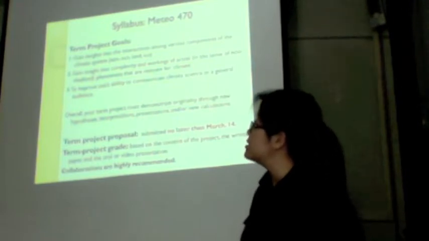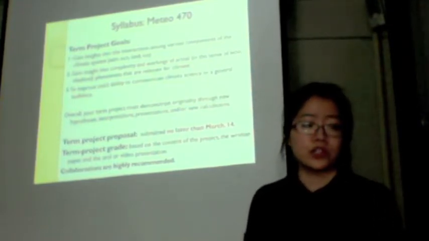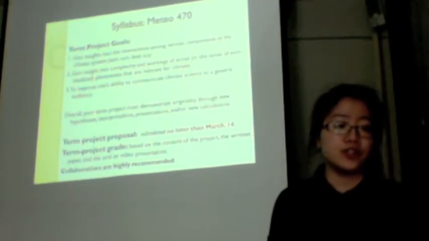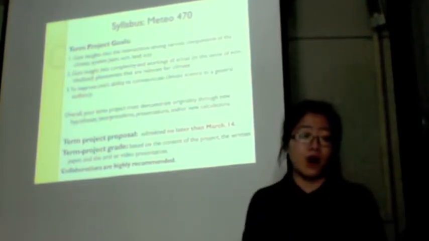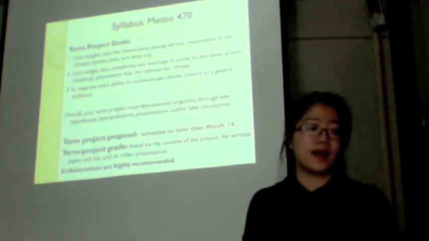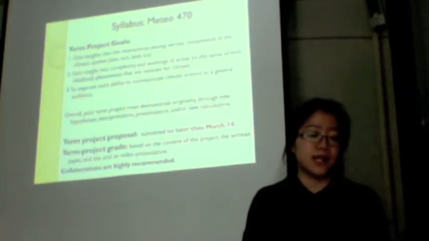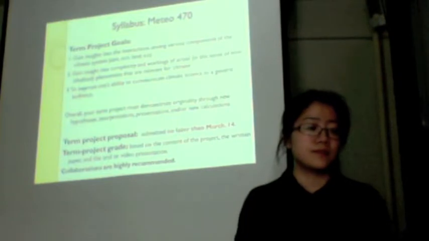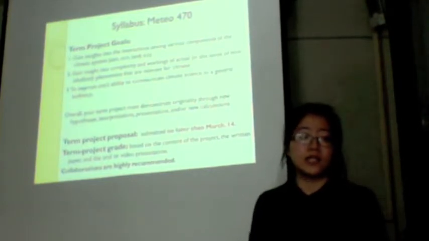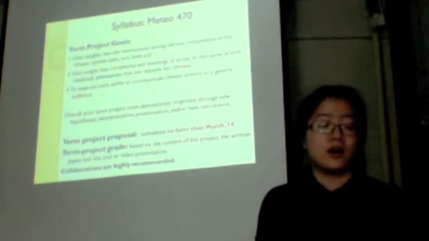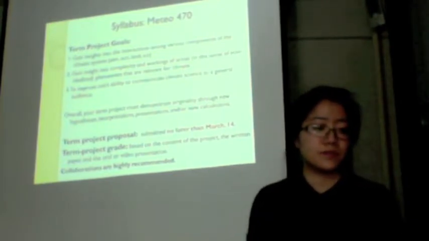I think this project can help us to reach three goals. First, to gain insights into the interactions among various components of the climate system. The second one, you can get insight into the complexity and working of actual phenomena that are relevant for climate. And thirdly, to improve one's ability to communicate climate science to a general audience.